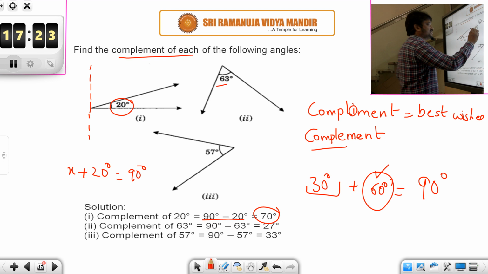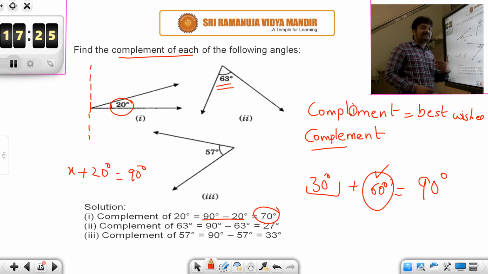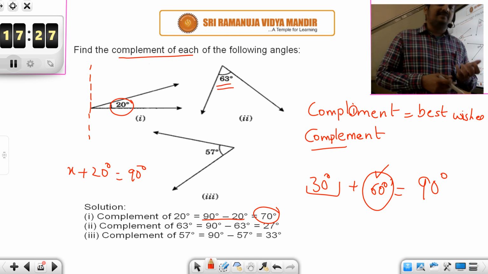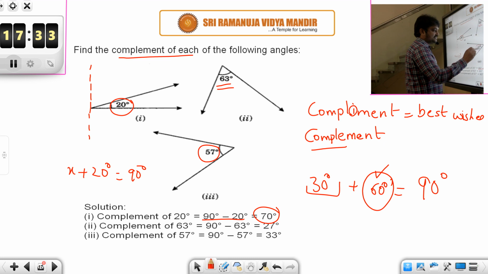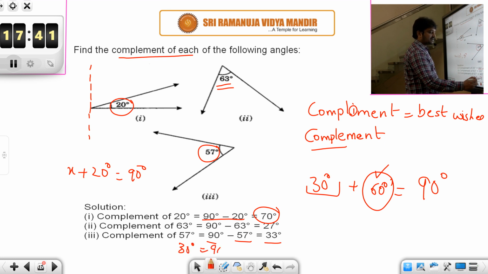What is the complement of 63? Complement means subtract it from 90. So 90 minus 63 is 27. What is the complement of 57? 90 minus 57 is 33. What is the complement of 30? It will be 90 minus 30, so it will be 60.